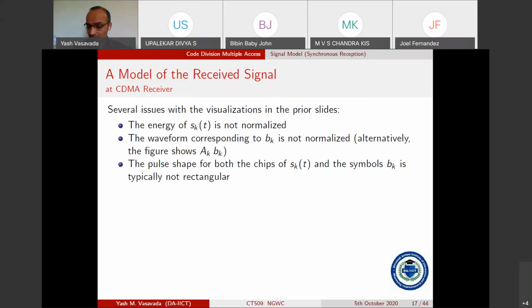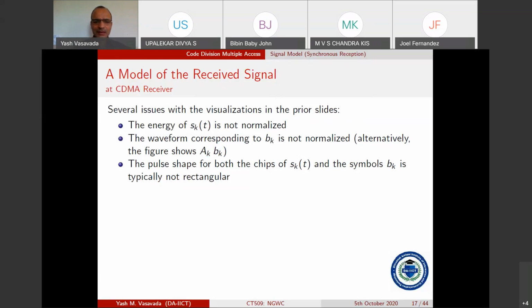In CT516, we have seen that almost no design which is practically viable uses rectangular pulses, at least for the wireless systems. Maybe for wireline, sometimes rectangular pulses are okay, but for wireless, we shouldn't be using rectangular pulses. So again, that was a simplification that we made.